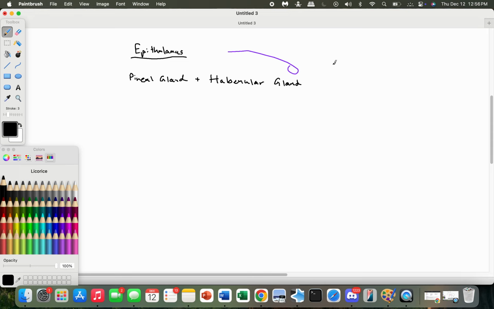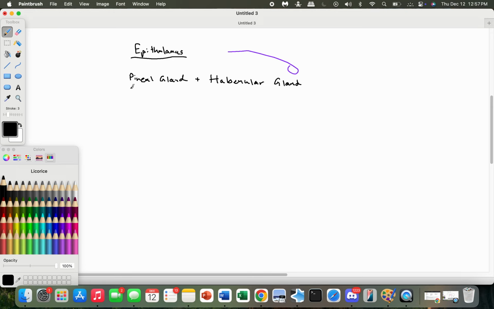It's not important at all for you guys to remember, but basically it's involved in a little bit of everything. It's involved in nociception, mood disorders, and sleep-wake cycles, and it basically connects to the pineal gland, but other than that, you definitely don't need to know it any deeper.